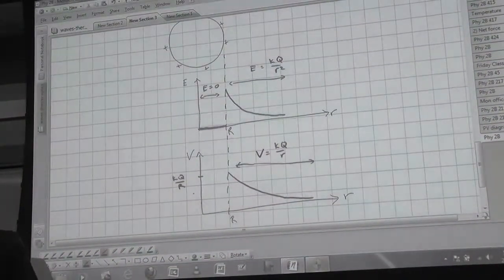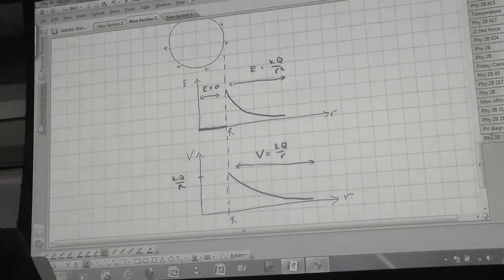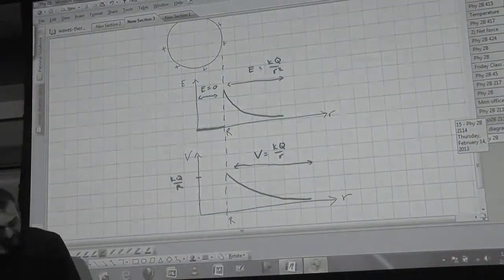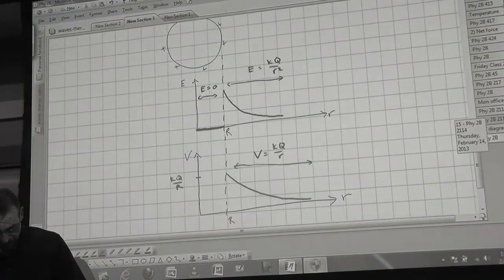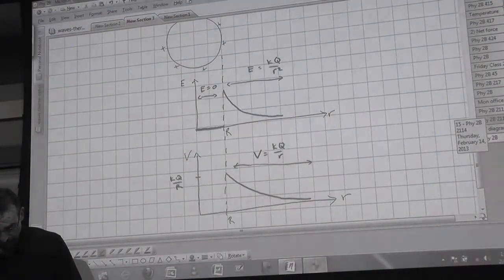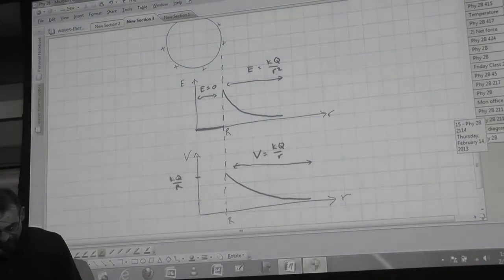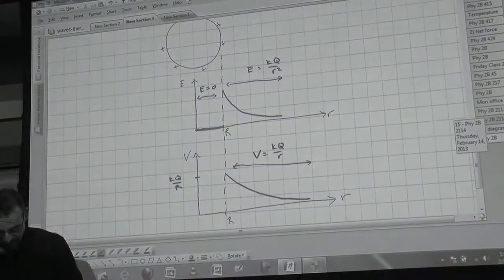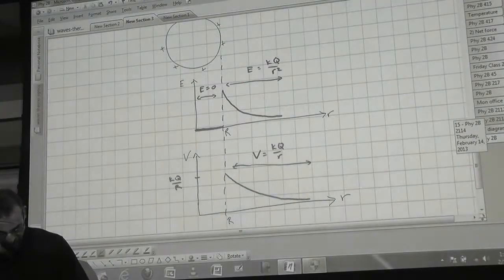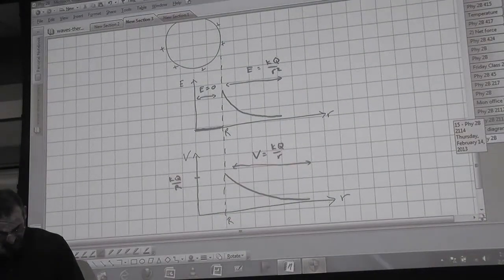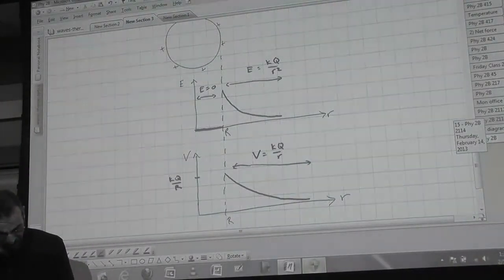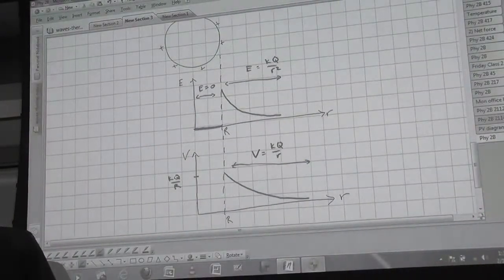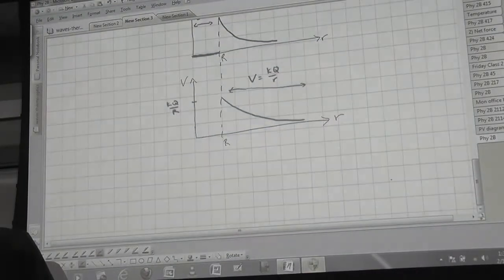What we have to look at is the change. Did we have it somewhere? Let me see. I think we introduced it at some point here. Yeah, I think we talked about this a little bit. With work done, remember when we talked about work done?